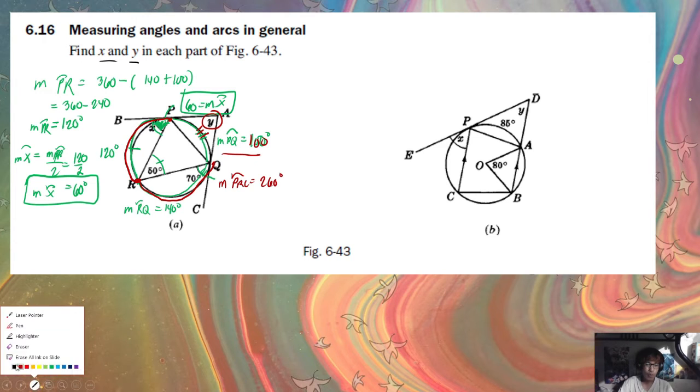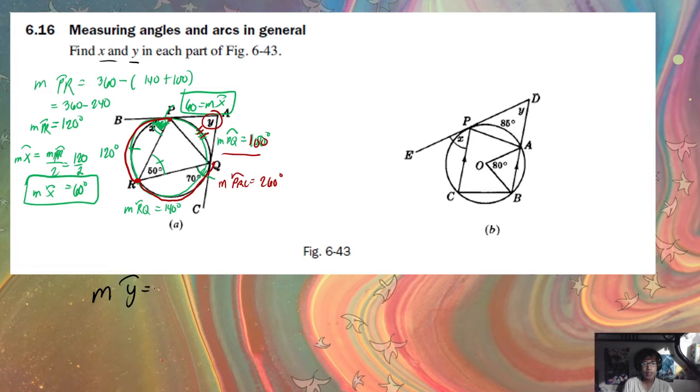And what is that formula? Let's try to write it here. The measurement of angle Y is just going to be 1/2 the measurement of the major arc PRC minus the minor arc for this one.